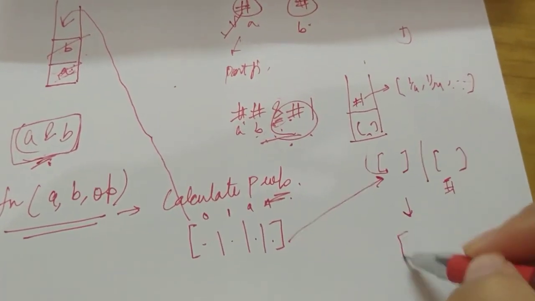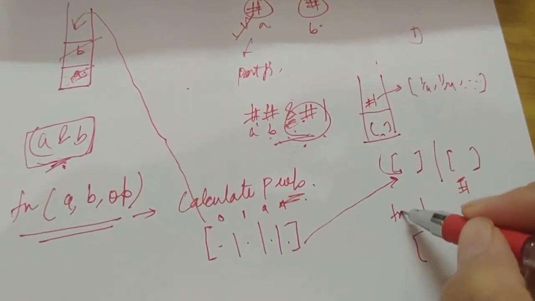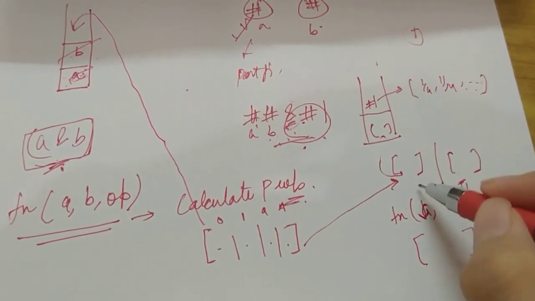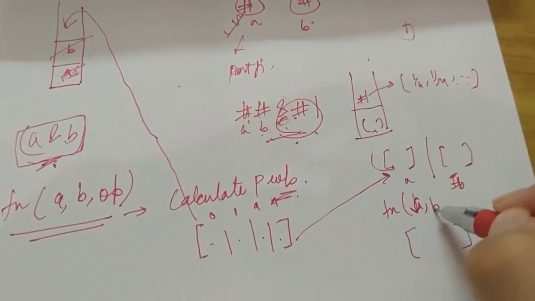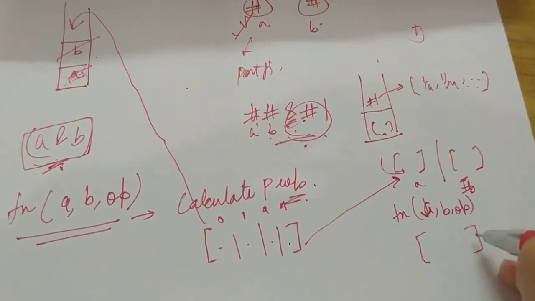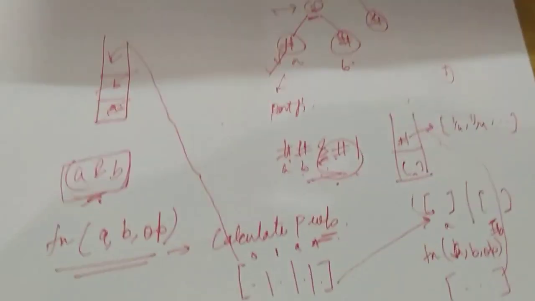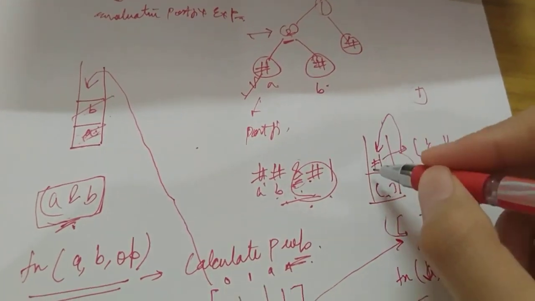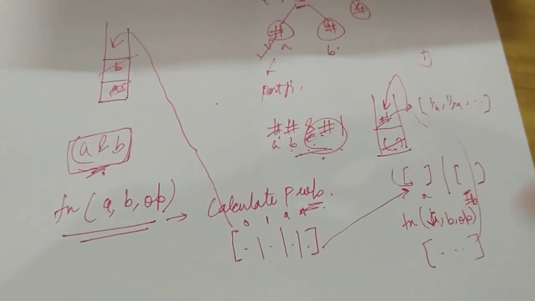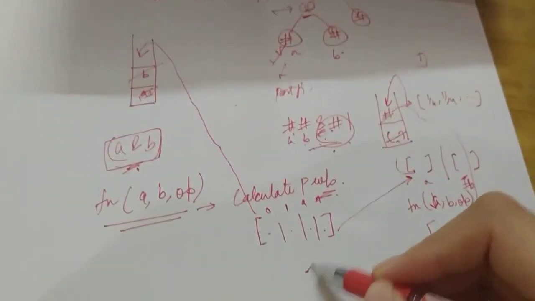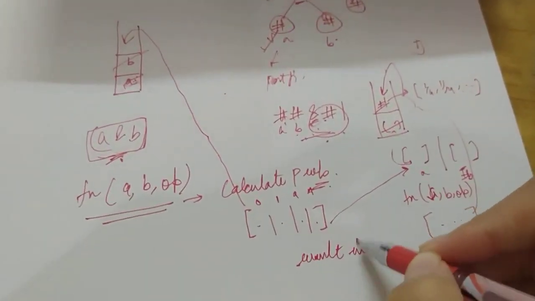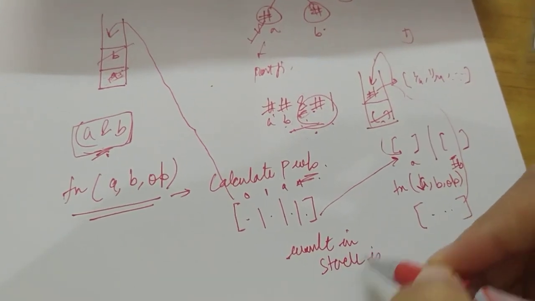We evaluate another array by calling the function with A, B, and our operator. This will be returned and pushed into the stack, while these two will be popped, and the result in the stack is our answer.